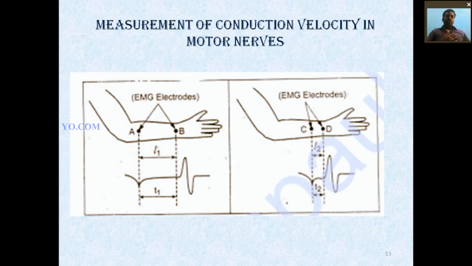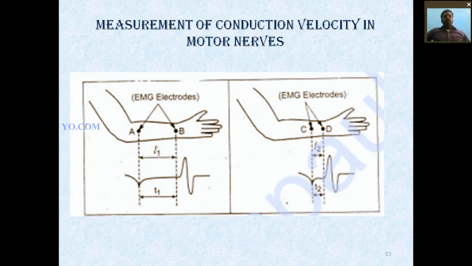Then we apply the stimulus at point A, and we measure the response at point B. So the time delay between point A and B, measured, is T1. This is the first step.